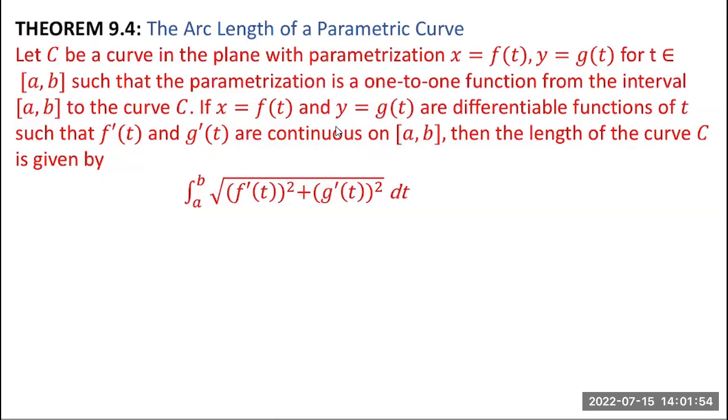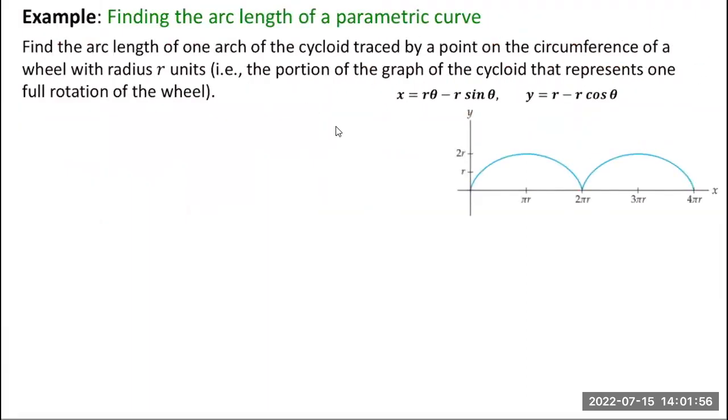All right, let's look at this particular example first. Find the arc length of one arch of the cycloid traced by the point on the circumference of a wheel with radius r units. That is the portion of the graph of the cycloid that represents one full rotation of the wheel.